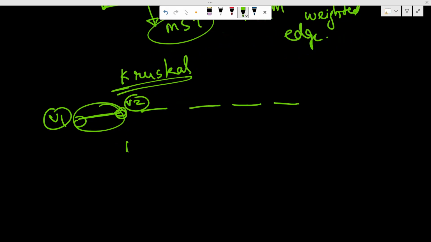For checking that, we use DSU. If they have the same leader or the same parent, then we say that they are already connected, and we are not going to use this edge. If they are not connected, we will connect them using this particular edge. And once you're done with this, you will be successful in constructing the MST, and from that, you can easily get the maximum weighted edge. So let me jump on to the solution for this.